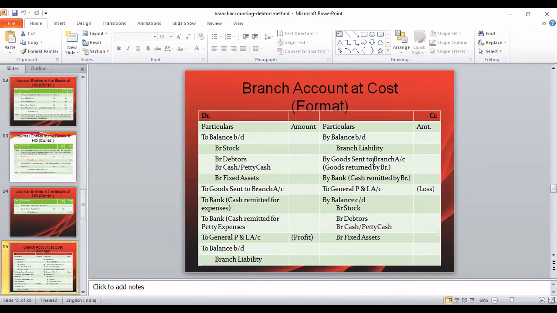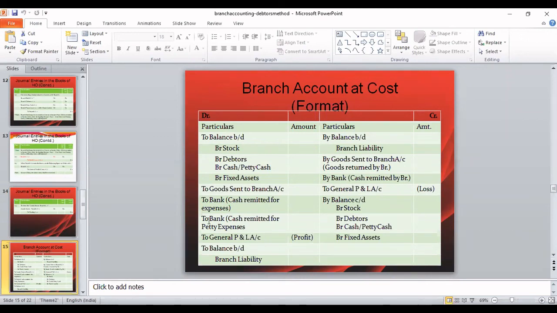And the credit will be given when you receive money from branch. As head office, when you receive money from branch, you record it on the credit side. When you close the account, if there is a loss, it will appear on the credit side. If there is a profit, it will appear on the debit side. That will be transferred to general P&L.